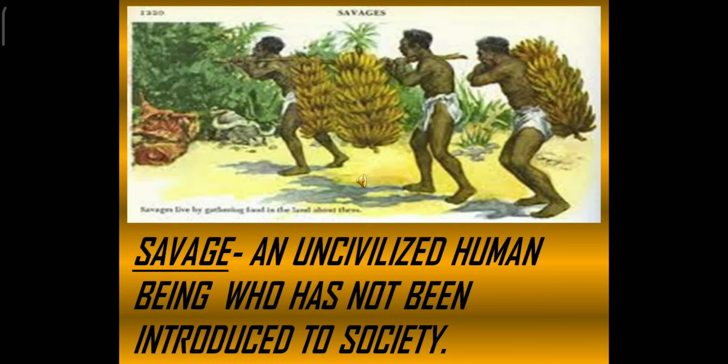So a person who has been born in a jungle, or who has been brought up in a jungle, who has spent his whole life in the jungle, that person can be called a savage. That person is not civilized like we are. We have been civilized because we are living in a society, but those people, since they don't live in a society, have not been civilized like us. That is why they are called uncivilized. All right, and just because they have not been introduced among other human beings, they can be called savages.